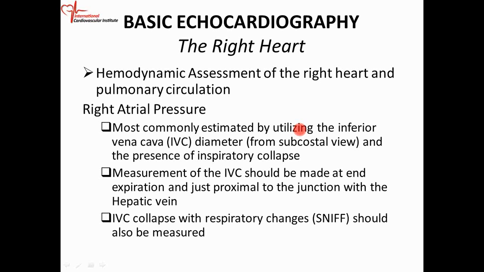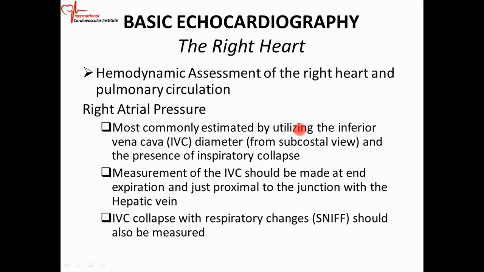So practice that so you can see it. You're going to measure the IVC at end expiration, and again, just proximal to the junction with the hepatic vein, where the hepatic vein comes in.